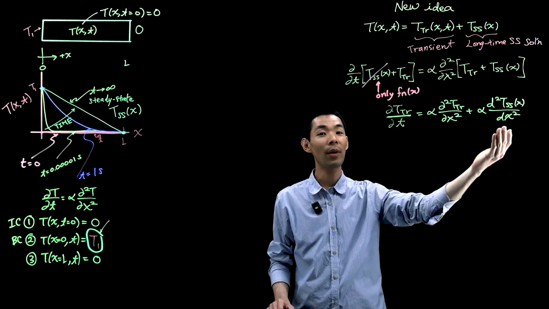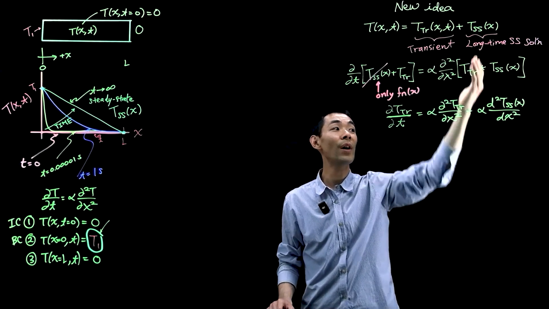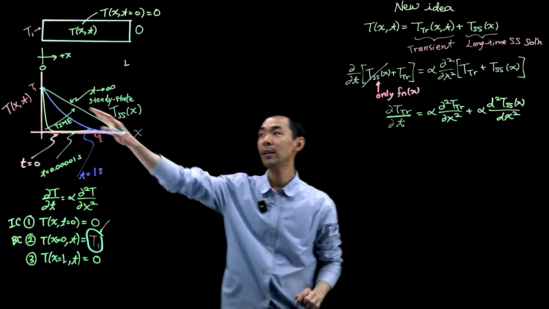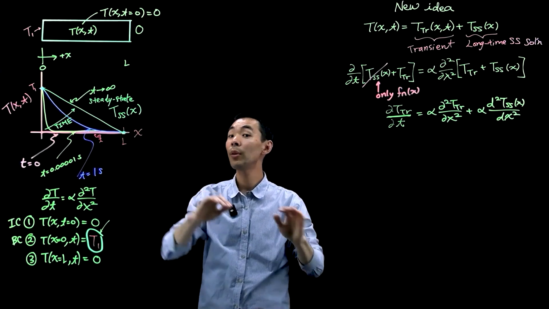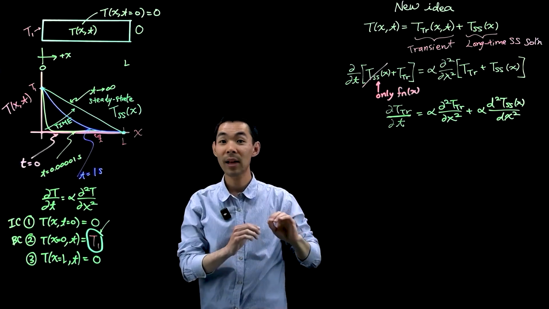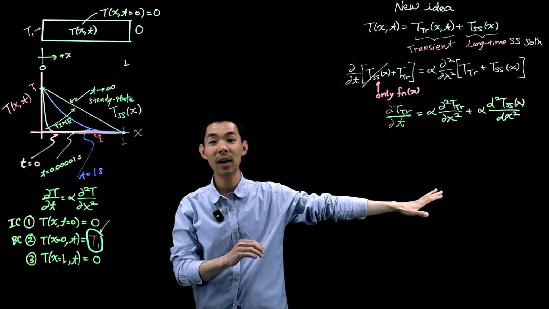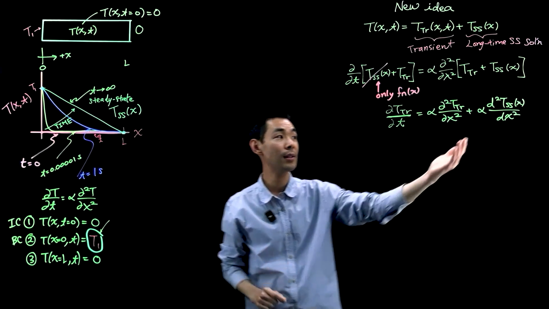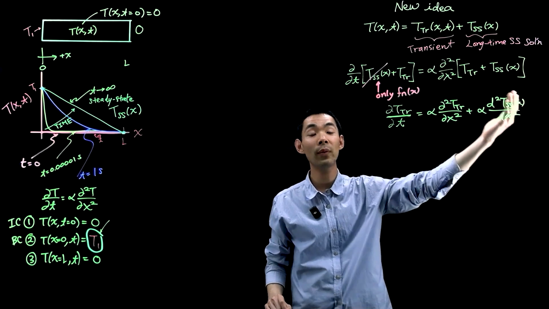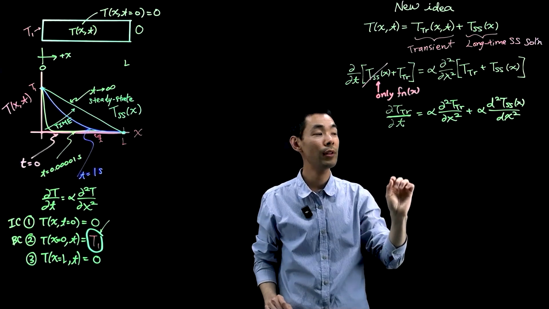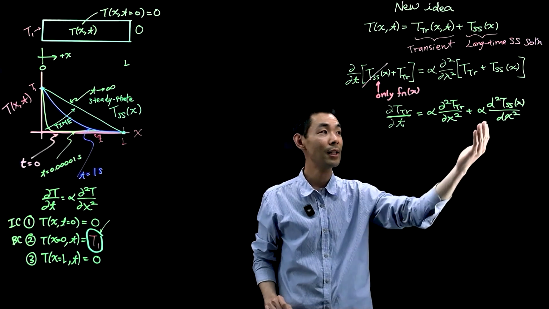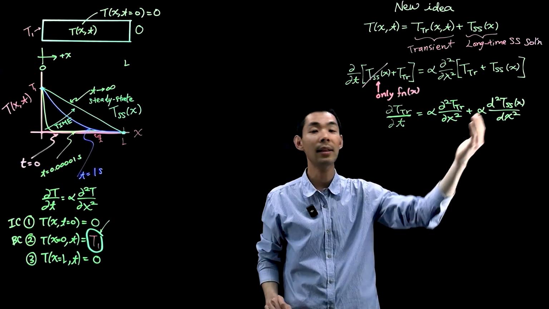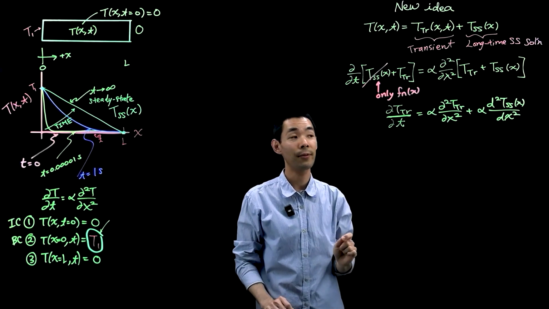This last term on the right, T steady state, is only a function of position x. Again, this is the long time solution where there's no more time dependence. The time decay has all been done, and therefore it only depends on position x. So this derivative is a normal derivative, a standard derivative with respect to the single variable x. That's why this is not a curly script d, it's the normal letter d for the derivative.